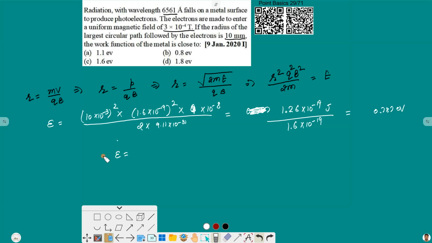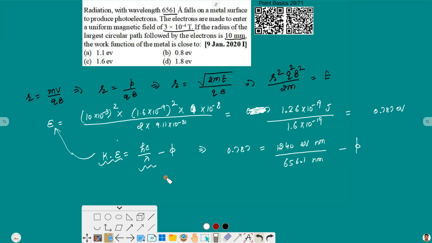Now we know that the kinetic energy of the ejected electron is hc by lambda minus the work function. Here hc by lambda is the energy of the incident photon, and the kinetic energy is the energy of the electron. So this will become 0.787 is equal to hc, that is 1240 electron volt nanometer, divided by the wavelength, that is 656.1 nanometer, since it is in angstrom, minus phi.